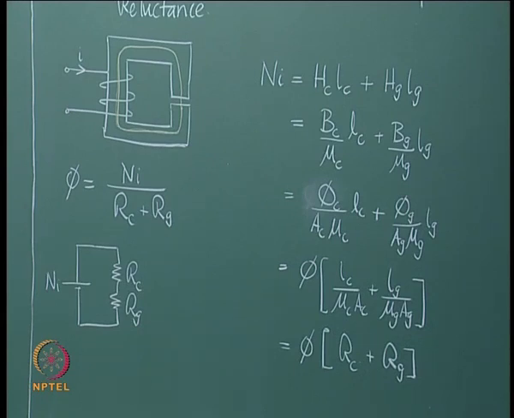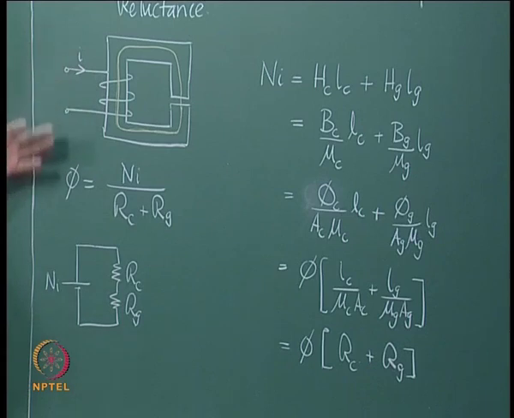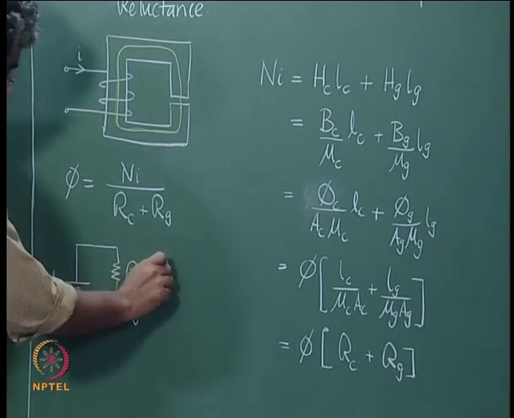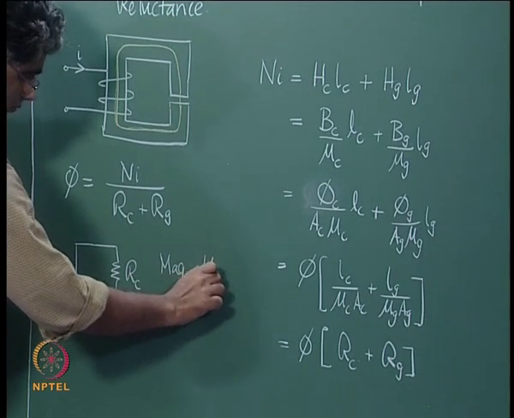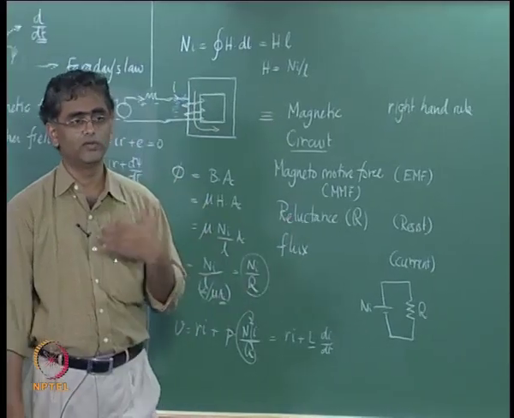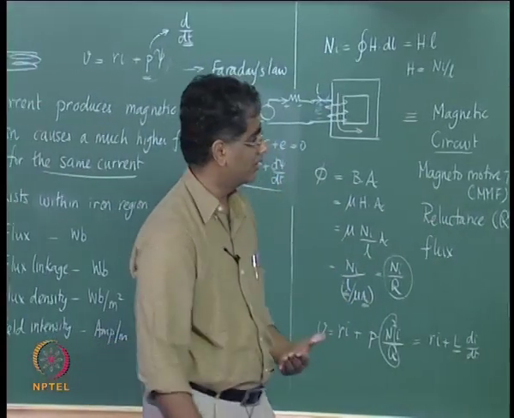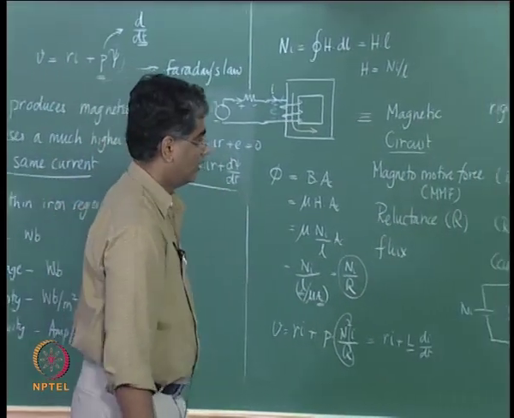So in this manner one can reduce a given system into an equivalent magnetic circuit. It is important to remember all these expressions because we will be using them again and again when we describe various electrical machines.